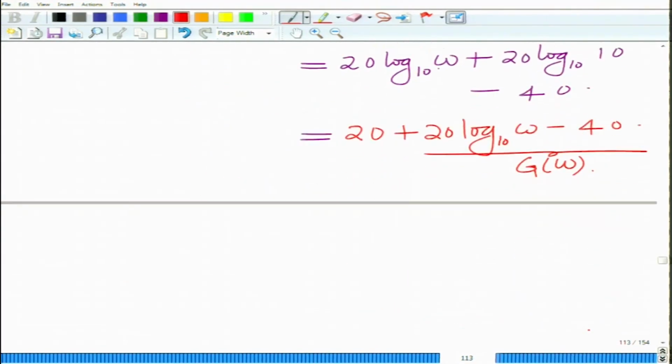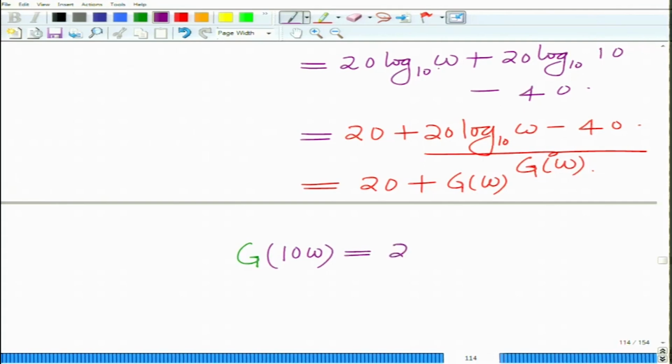So, g of 10 omega is basically 20 plus g of omega, and this is an important relation. So, what we have shown is that g of 10 omega is 20 plus g of omega.